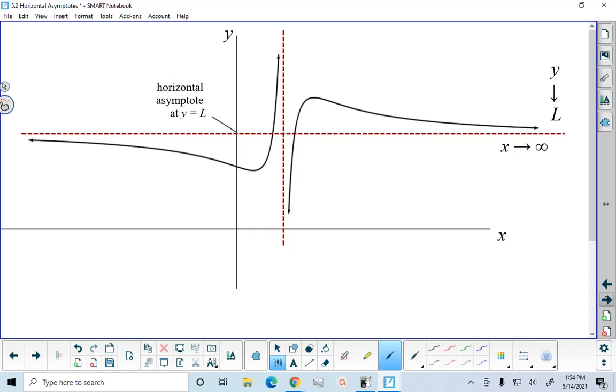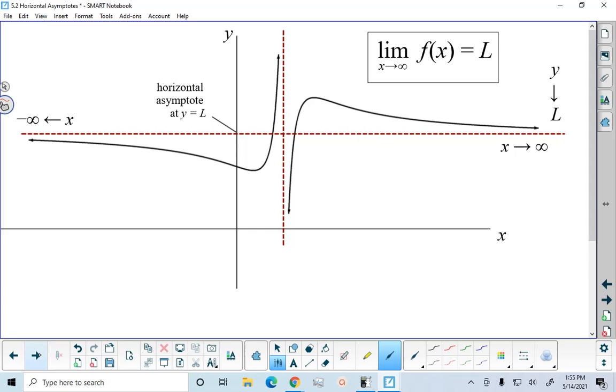Normally, you would simply write y approaches L, but I want to reinforce that the graph is getting closer and closer vertically to the value of L. What does that mean? It means that the limit as x approaches infinity of the function is L.